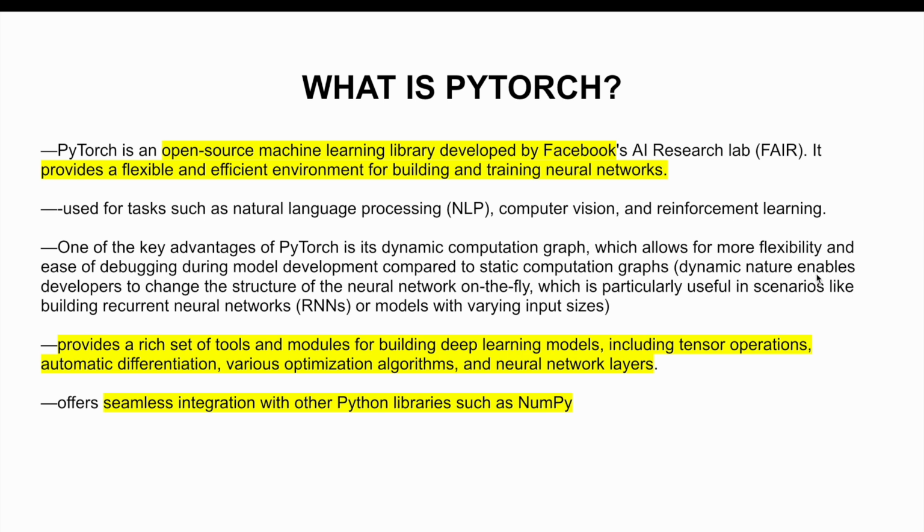The dynamic nature enables developers to change the structure of the neural network on the fly, which is particularly useful in scenarios like building recurrent neural networks. We'll talk about recurrent neural networks or models with varying input sizes. We'll also talk about that.